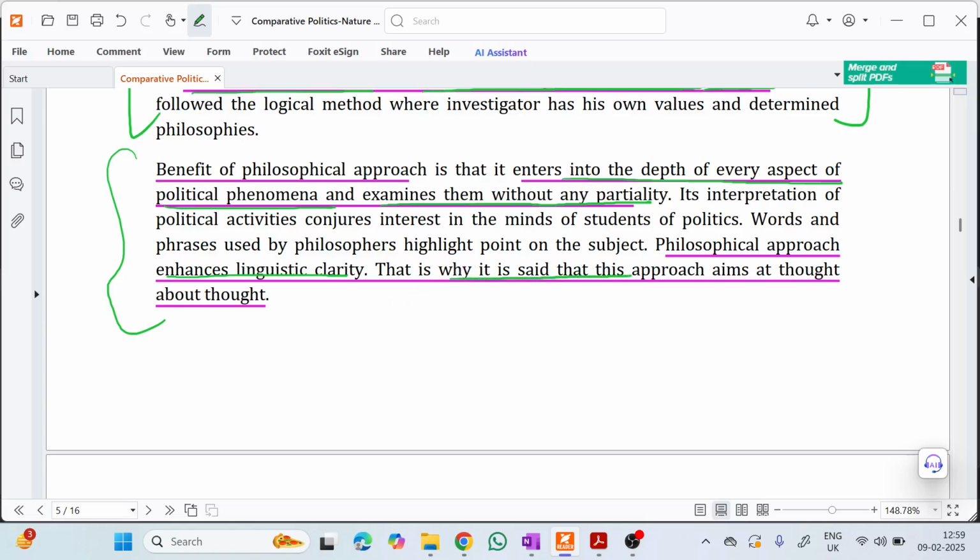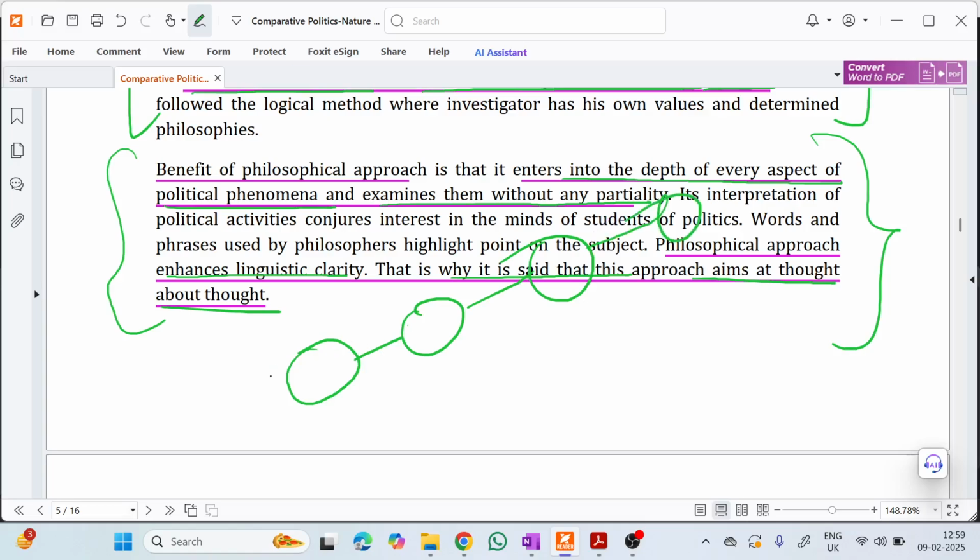This is why it is said that this approach aims at thought about thought, because the more we try to find the pattern, and the patterns are found only when we trace every node in the chain of events, ultimately you will end up realizing that the first node of the chain was someone's brain.